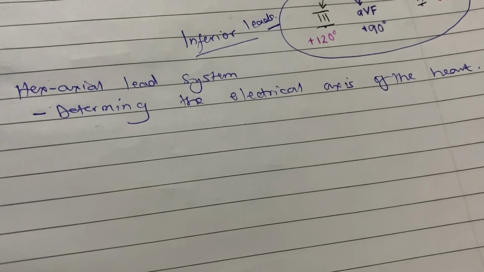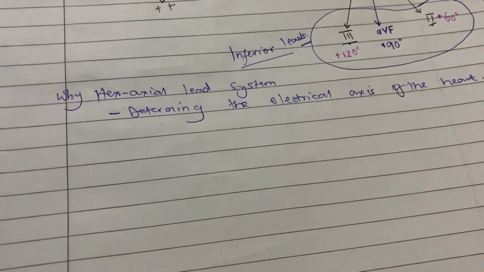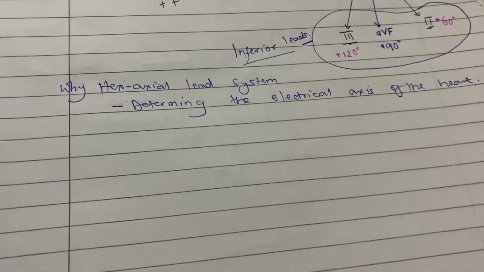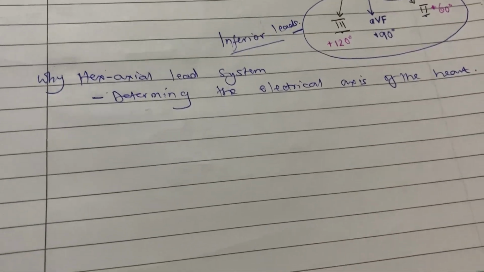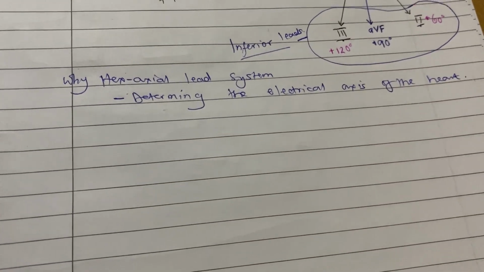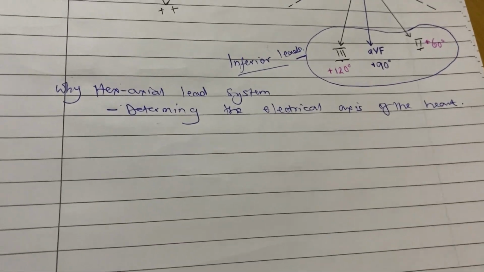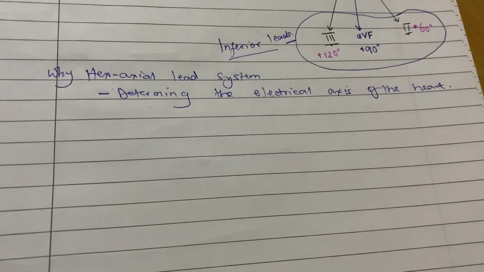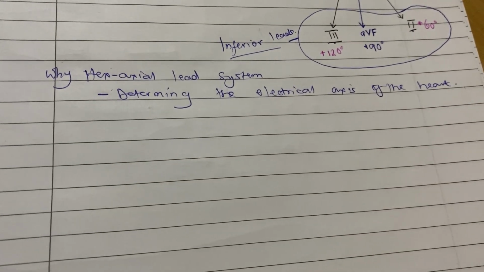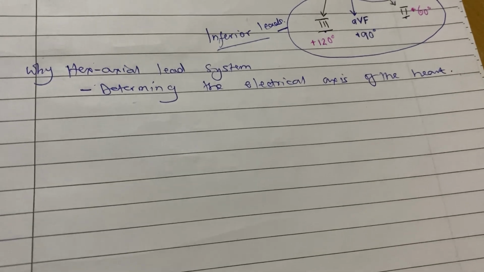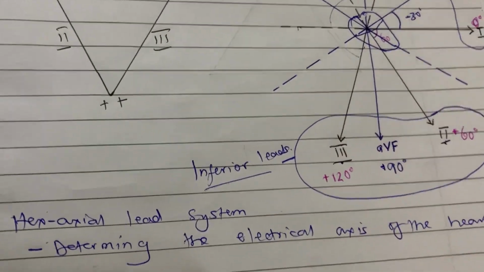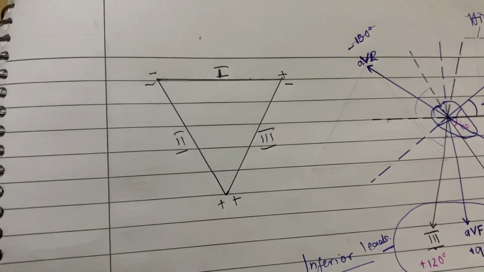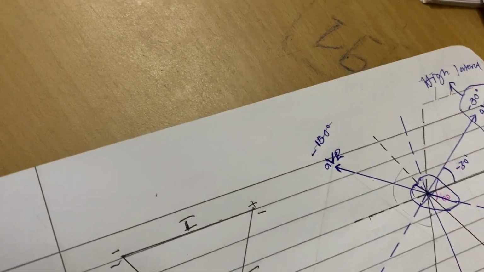Why do we need to know that? Because in many conditions that axis is going to be changed. For example, in congenital diseases, dextrocardia, or even to determine whether the leads were placed correctly, or even some other diseases like hypertrophies, or even in bundle branch blocks. We need to determine it. So this one is important. So that was our point number 1, the Hex-axial lead system.